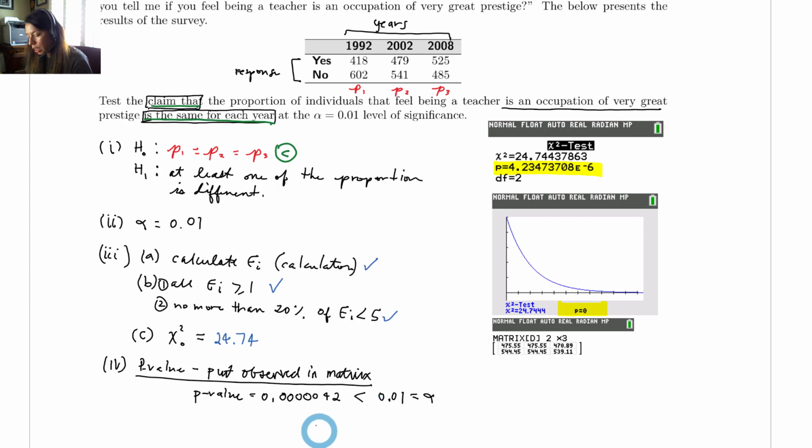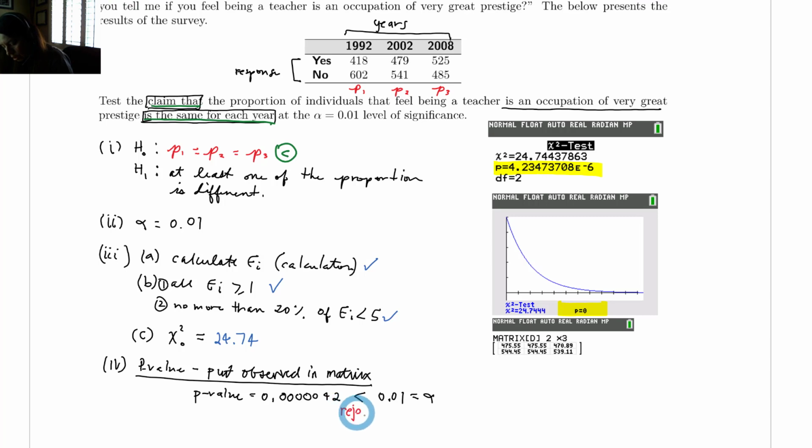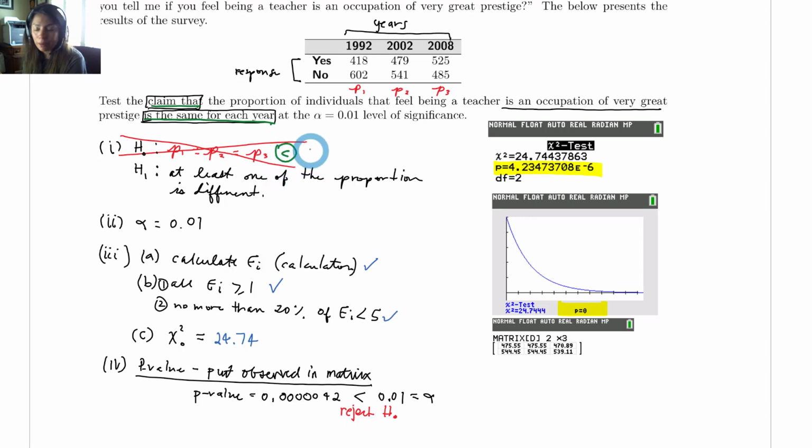So here, if I grabbed another sample of years to ask whether teachers felt their job was a prestigious occupation, this p-value implies that that probability would be highly unlikely to be the same, and therefore we have to reject the null. But recall that if we reject the null, what else are we rejecting? Well, our claim was the null hypothesis. We rejected the null, and therefore we have to reject the claim. And so there is not enough evidence to support the claim.